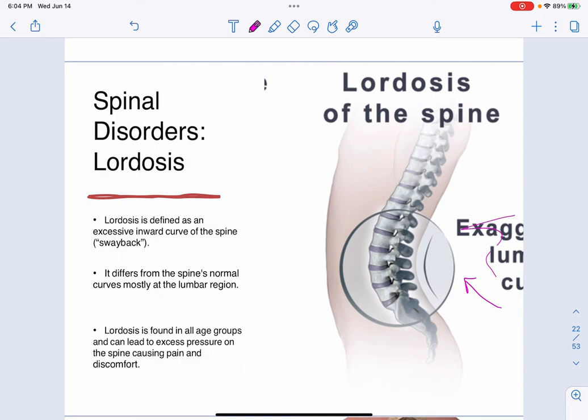It can occur in pregnancy with women, when there is an increase in the weight of the fetus, and it exaggerates the curvature of the spine and creates a temporary lordosis. And usually this can be fixed in time. As soon as you release that pressure and you don't have that weight anymore, it can generally fix itself.